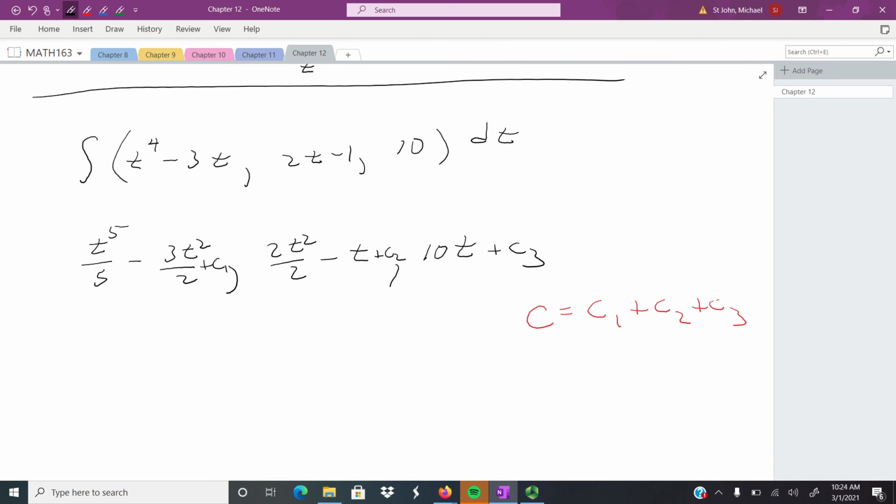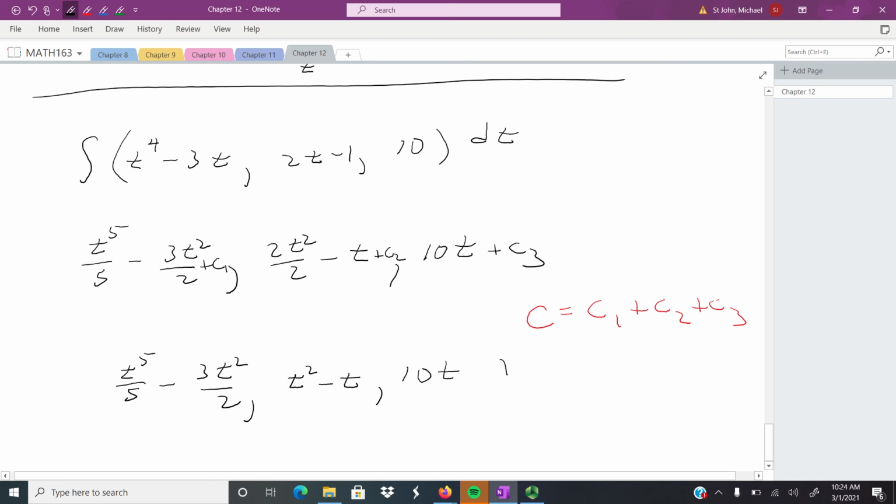And so we end up with t to the 5th over 5, 3t squared over 2, t squared minus t, 10t, and then we have a plus c.